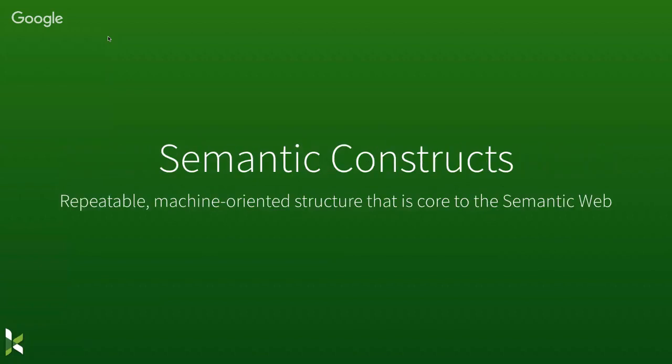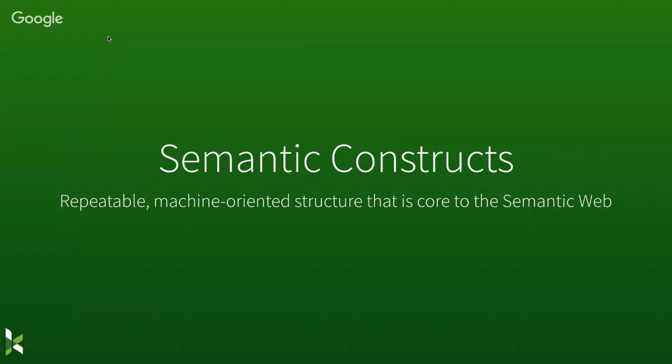These are semantic constructs. They are a machine-oriented language that's very core to the semantic web. The idea behind this is to create a structure around content on your page. We talk a lot about semantic HTML, right? It's kind of an enhancement of that, or another type of semantic construct that lets us provide granular definition around individual elements.